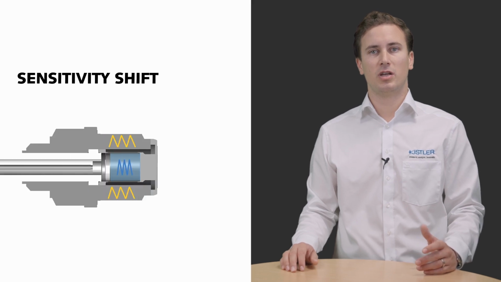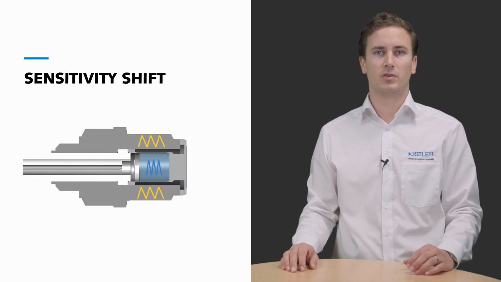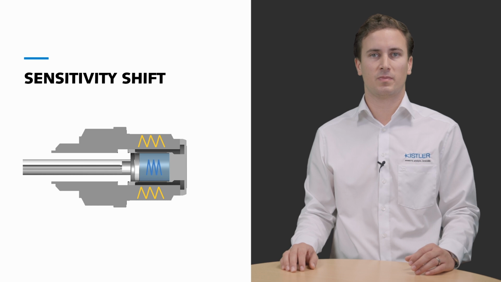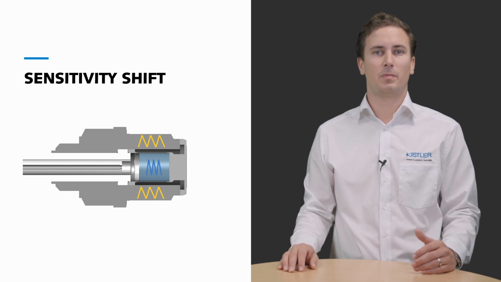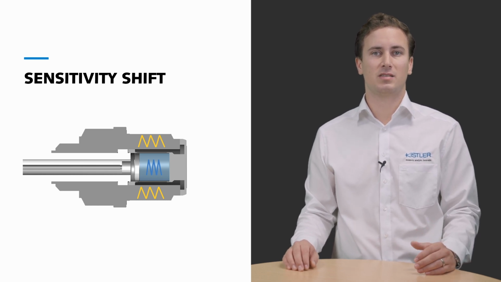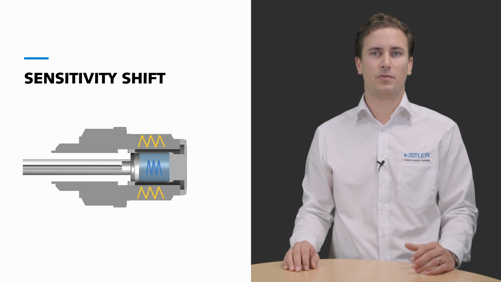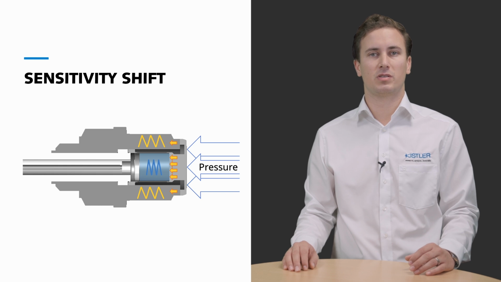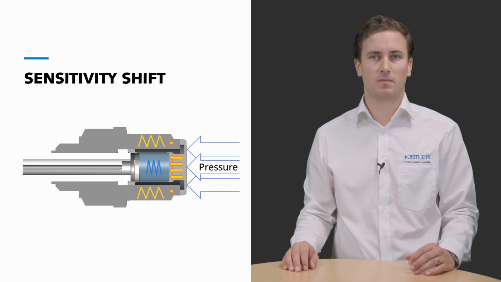The second effect to take into account is the thermal sensitivity shift. With the change of temperature, the stiffness of the components in the sensor change. This is again dependent on the material properties and the design of the sensor. Because of differences in these changes of stiffness, the distribution of the force acting on the sensor is changed.